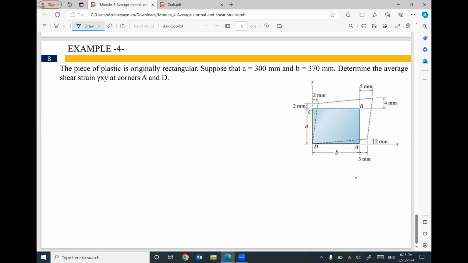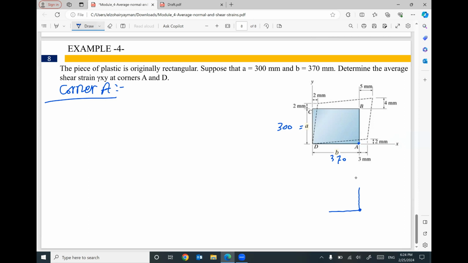In this example, the piece of plastic is originally rectangular. Suppose that this length equals 300 millimeter, and B equals 370 millimeter. We need to determine the average shear strain at corners A and D. Where is A? A was here. So let's start with corner A. Corner A originally was a right angle.